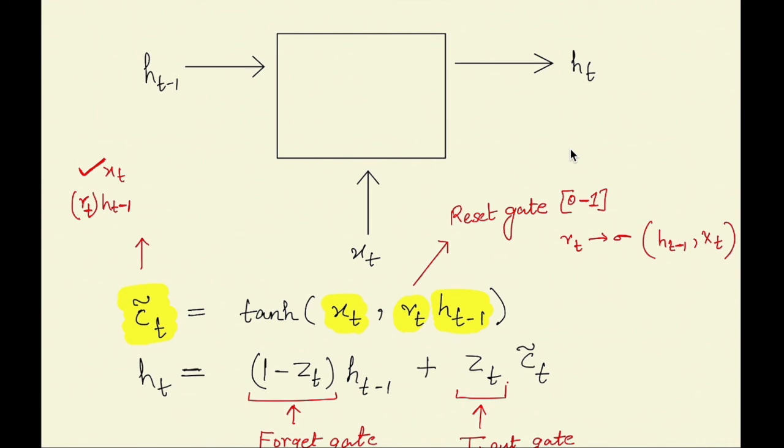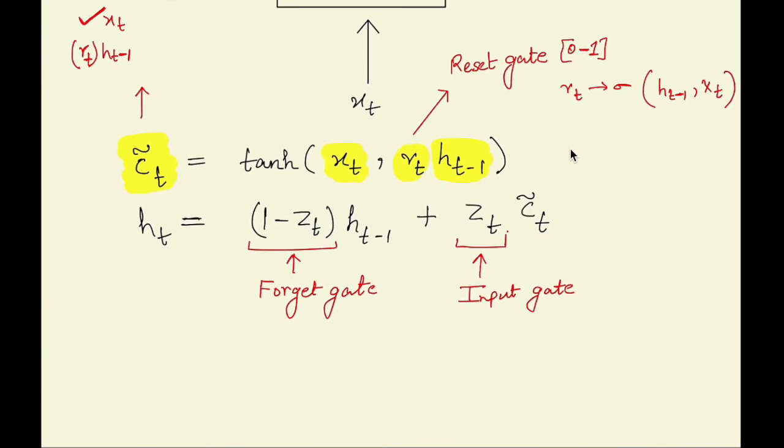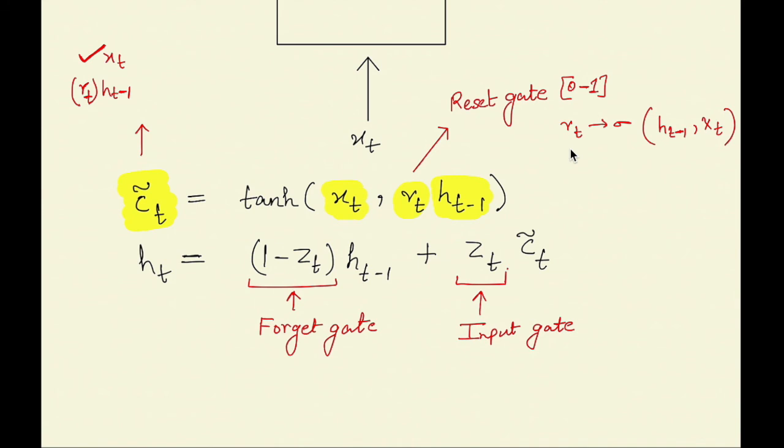And instead of having two different forget gates and input gates, the final hidden state is simply a weighted average of the previous hidden state. So we do not take the previous hidden state completely, so we forget some of it using this forget gate here.